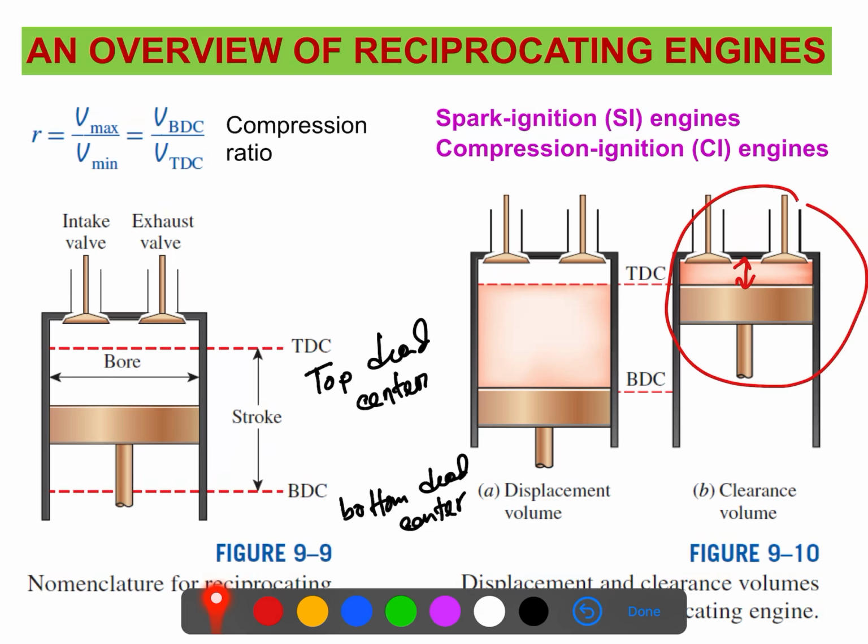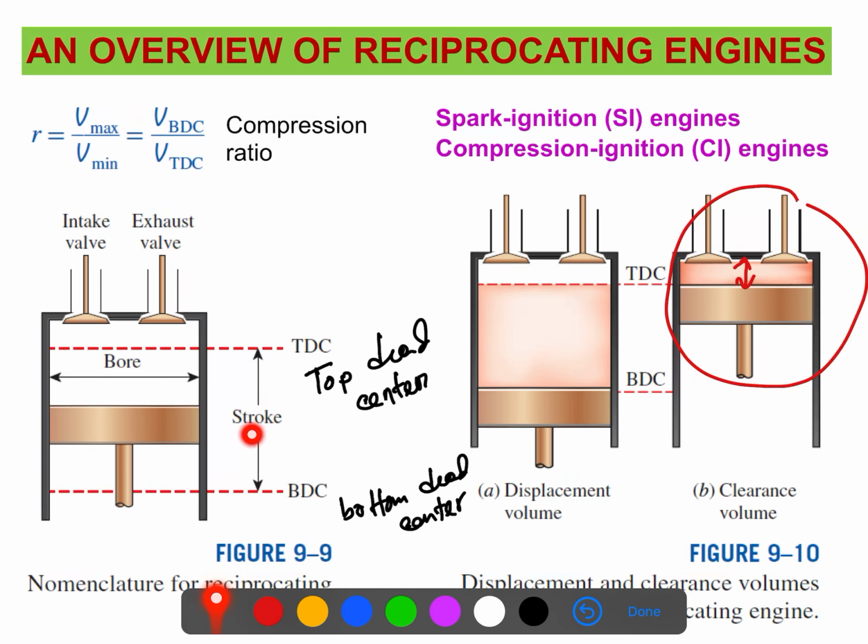The piston usually travels between this TDC and BDC. The distance between the TDC and the BDC in one direction is called the stroke of the engine. This is important. We will use this term stroke: 2-stroke engine, 4-stroke engine.